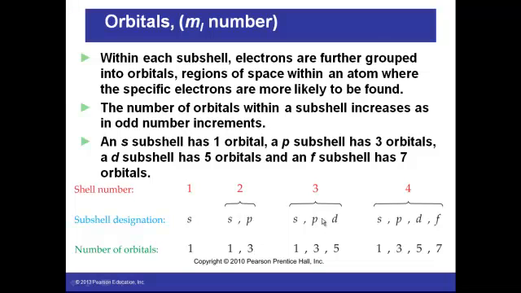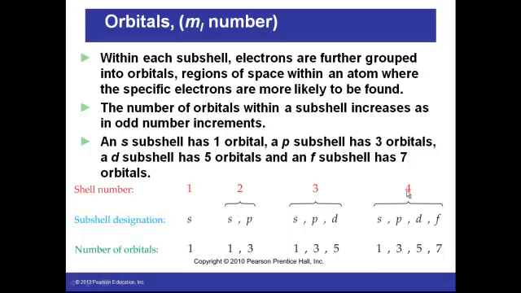And then when you get to the D subshell, the D subshell actually has 5 apartments within its building where electrons can be housed. So each S subshell has 1 orbital, each P subshell has a total of 3 orbitals, each D subshell has a total of 5 orbitals. The F subshell can hold 7 orbitals.